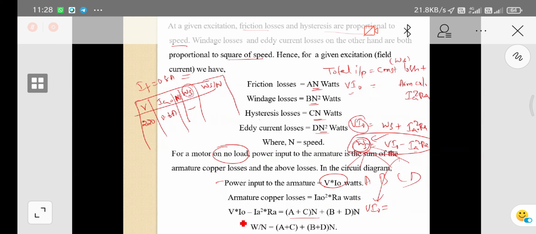The stray losses are V into I naught minus I naught square Ra.